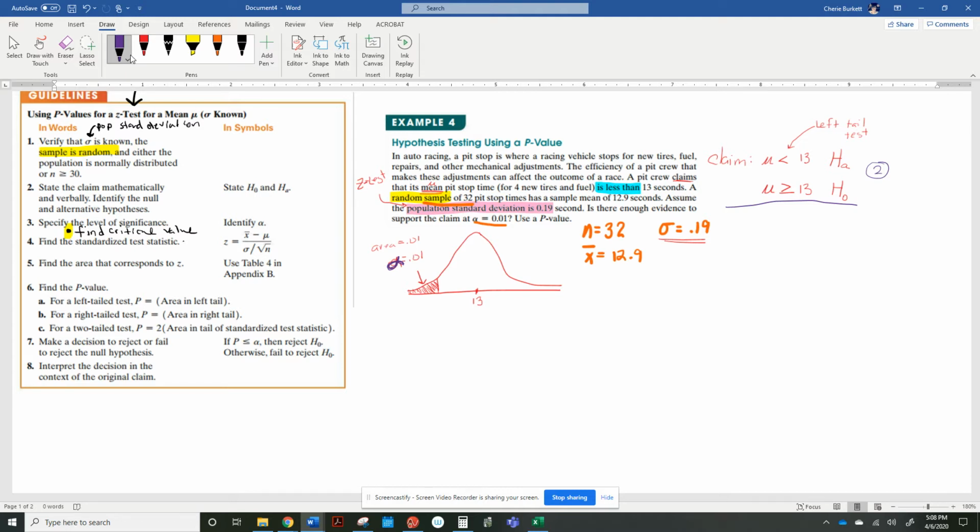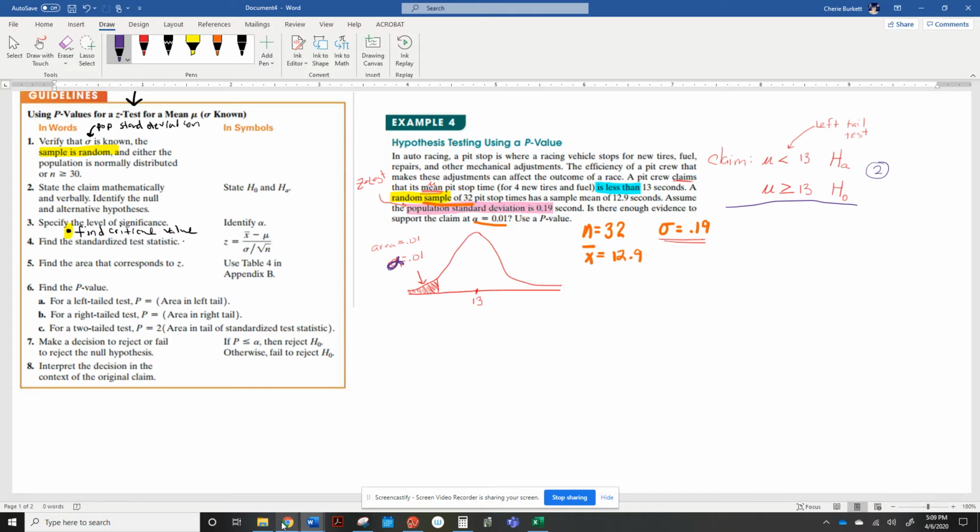Now that I have that area, the next thing I've got to do is find a critical value. I added that step in there, and you want to add that step in there too. It's kind of implied when we specify the level of significance, but we want to be sure that you understand that the reason they gave us an alpha is so that we could find a critical value.